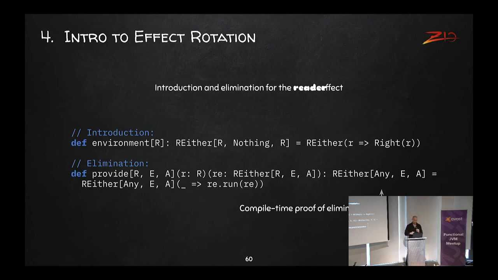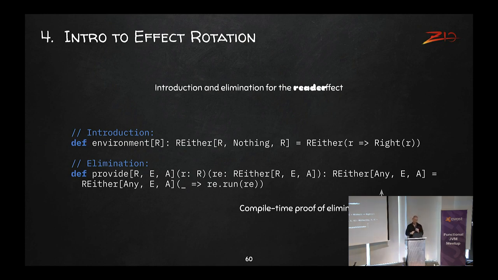Introduction occurs through this function which I've called environment that gives us access to an R, any R of our choice. Obviously, some choices will limit our composition, but we can obtain access to that by pulling it into the right-hand side of the success channel in this data type.